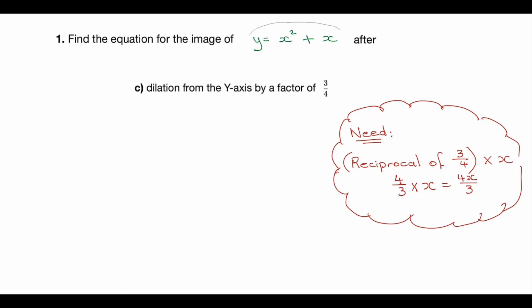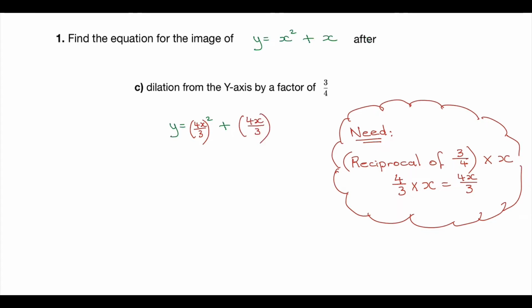The image equation will be a copy of the original equation with every instance of x replaced by 4x/3. Expanding the brackets on the right-hand side gives us our final image equation, y equals 16x²/9 plus 4x/3.